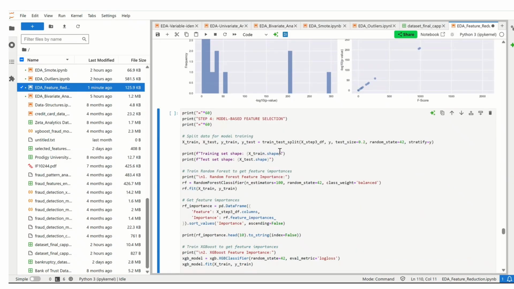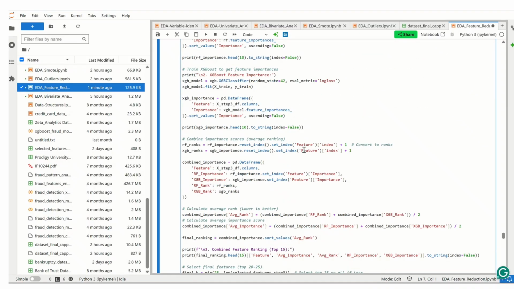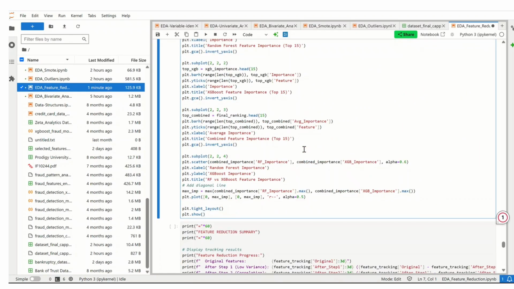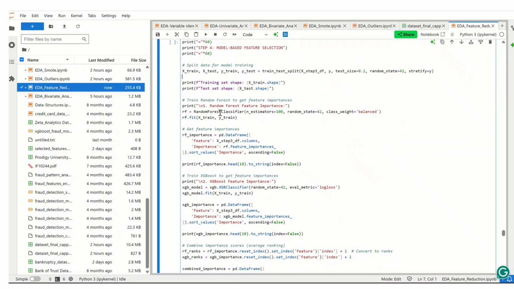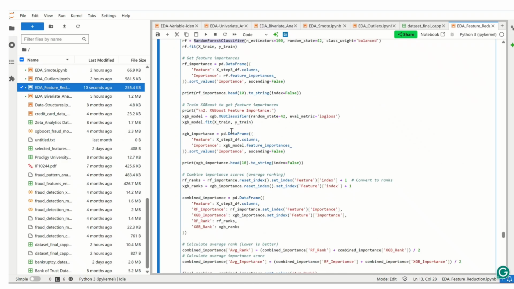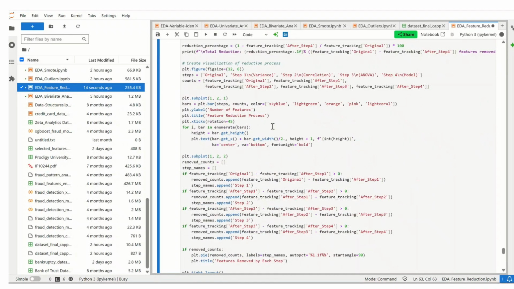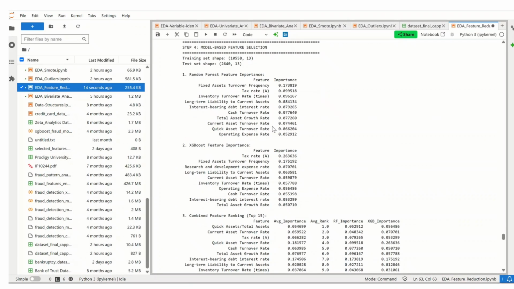Next we go to step 4, where we discuss model based features. We'll use two models, random forest and XGBoost, to see which features are of more importance, and we plot them. I'm using scikit-learn's random forest classifier with 100 estimators, and we are also using an XGBoost model here. Now we can see the random forest feature importance.